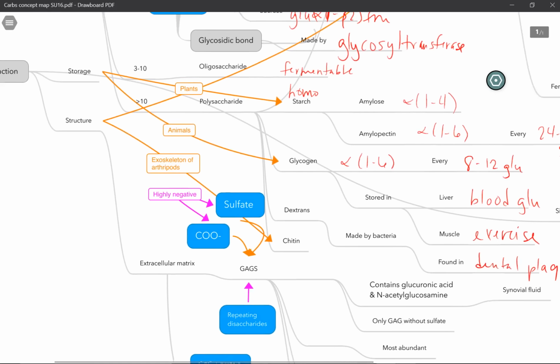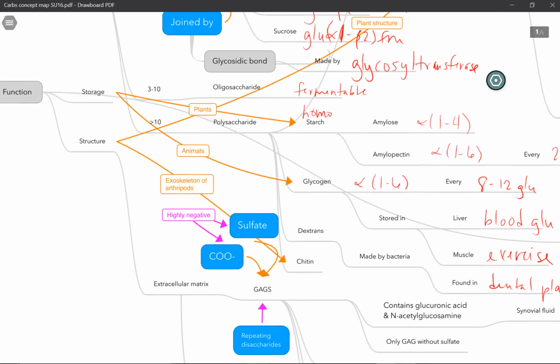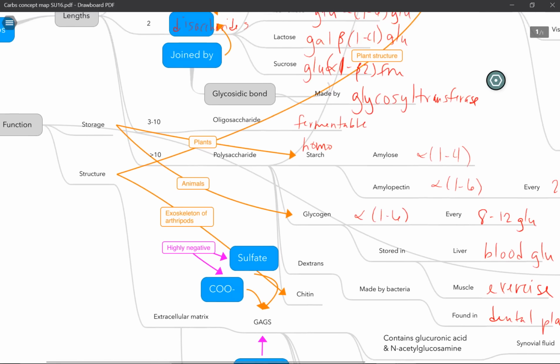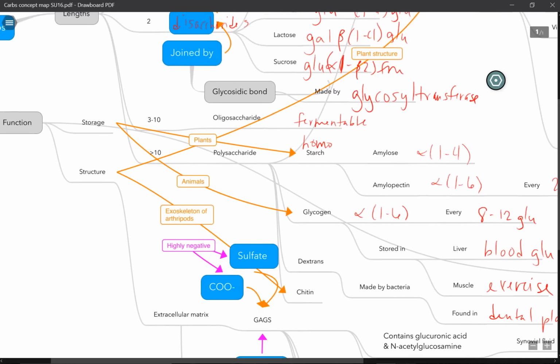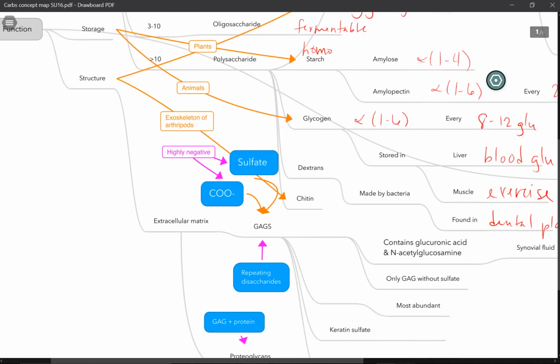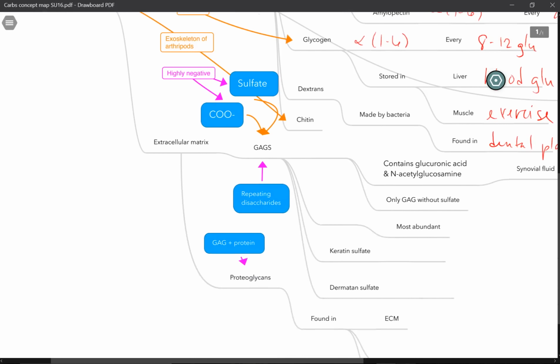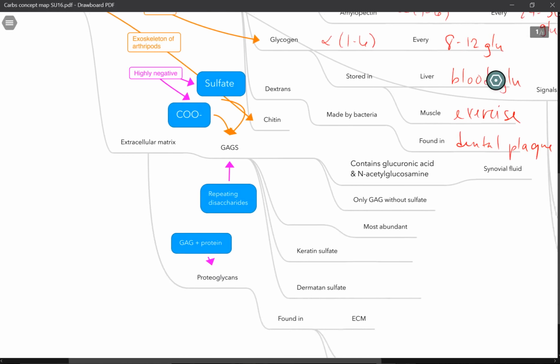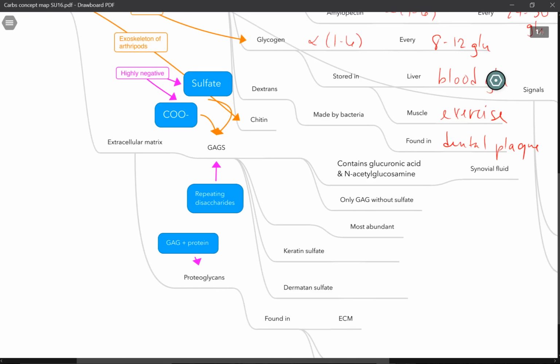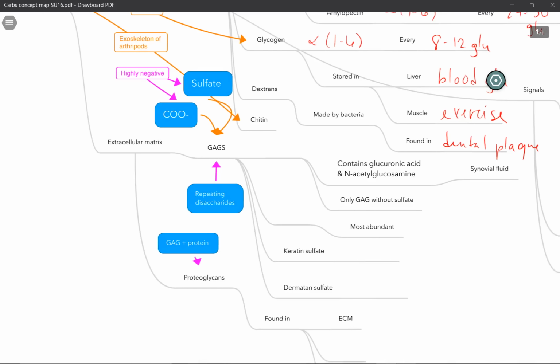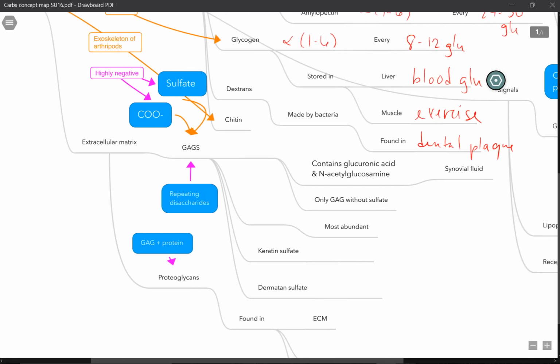When it comes to the functions of these compounds, we have storage, we have energy, and then we have signaling. Some of the other functions include structural components, especially the extracellular matrix. With the structural components of the extracellular matrix, we have our glycosaminoglycans, or GAGs.